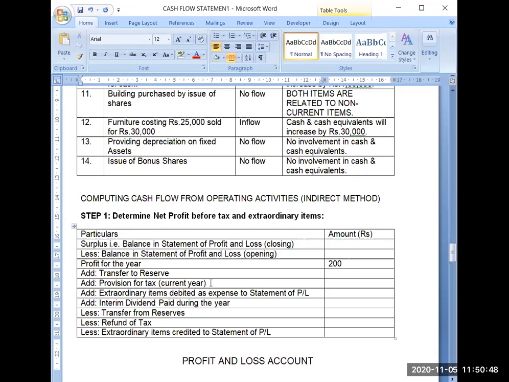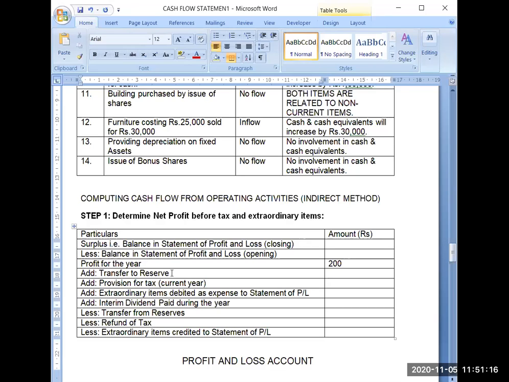Obviously you would have some tax liability also. For that you might have provided certain funds as provision. You have created a provision for meeting your tax liability in the near future. Whatever provision for tax you have created is also created out of profits, so that will also be added back. So, you have to add the reserves you have transferred in the current year.